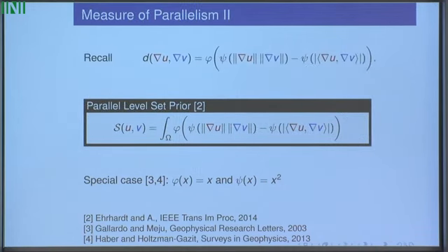To make it a proper distance, we have to do some manipulation of this function. This is work done by Matthias Ehrhardt in his thesis. And we can write this in terms of some generalized monotonic functions psi and phi, with certain special cases simplifying to other known previous flows.